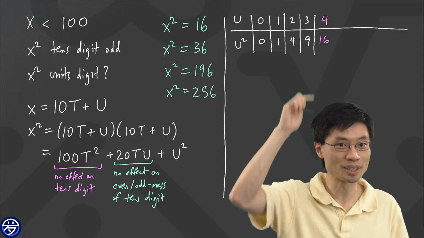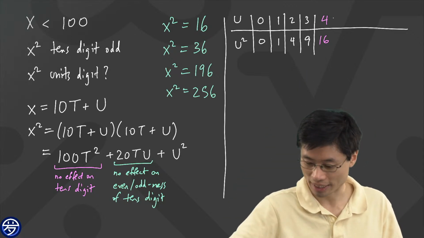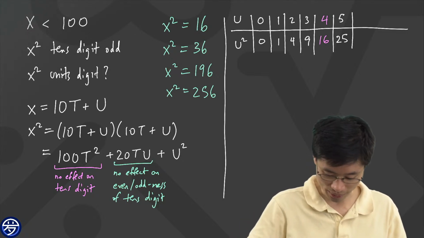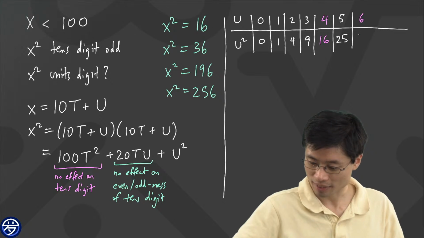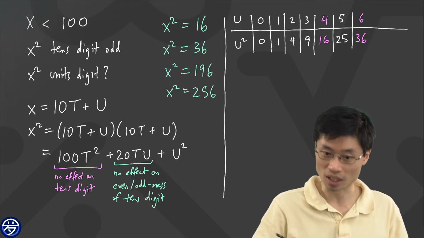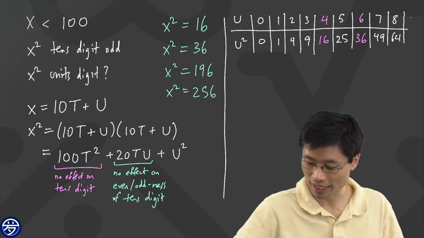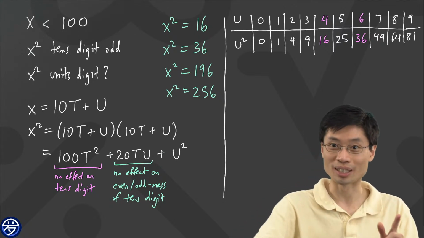So that happens to give me something where the tens digit is odd. 5 is not interesting because the tens digit is even. 6, ooh, 6 is good. 6 gives me 36, and 3 is odd, so that's unusual. But 7 gives me 49, which is an even tens digit. 8 gives me 64, even tens digit. And finally 9 gives me 81, even tens digit, and I just made it without running out of space.